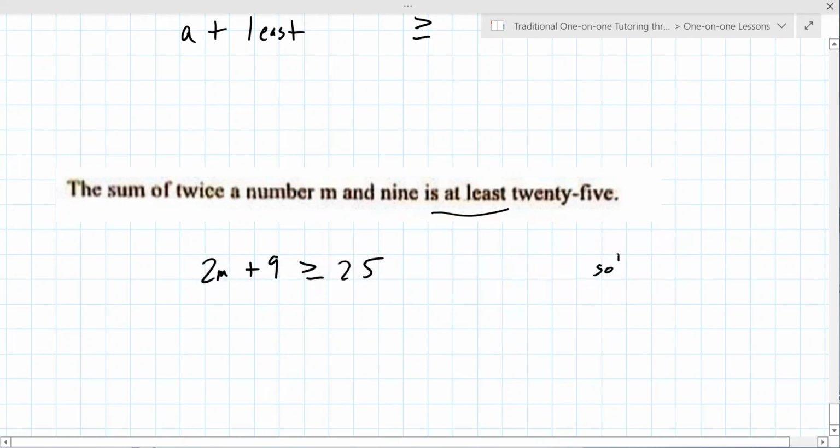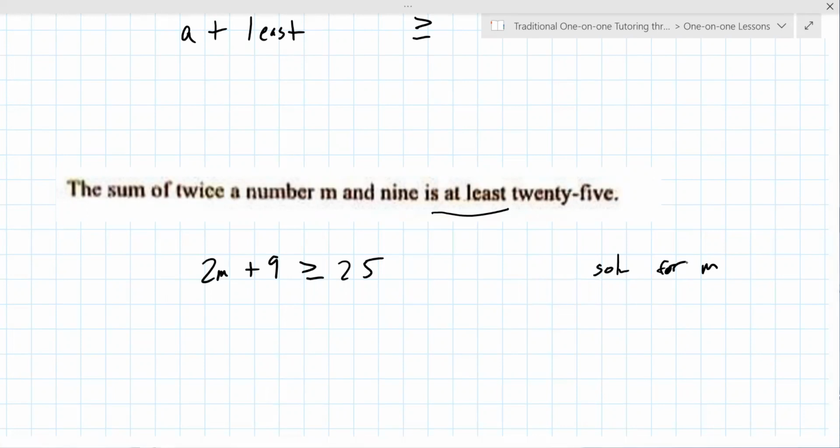I want you to solve for m, but before you do, I want you to tell me what steps you're going to take. Try to explain it to me before you work it out. What are you going to undo first? The 9.